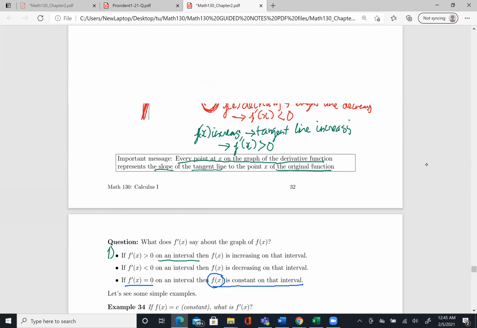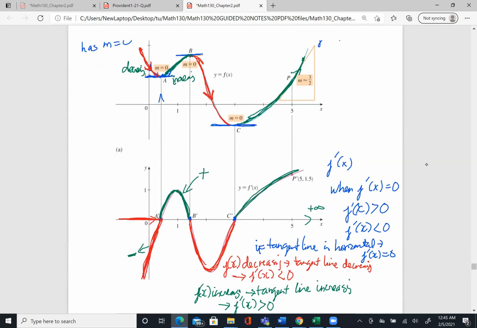Actually, in here, at b prime, f'(x) equals 0, right? Then f(x) has a horizontal tangent line.